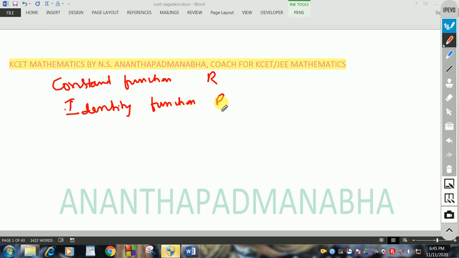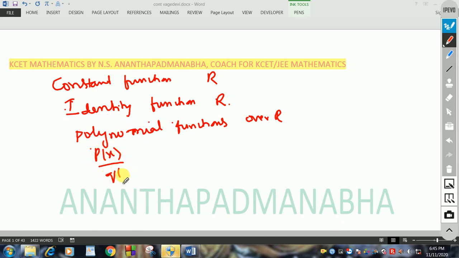The identity function in the set of real numbers, and polynomial functions over the set of real numbers, and rational functions, that is p(x)/q(x), a function of the form where q(x) is not equal to 0, is a rational function.